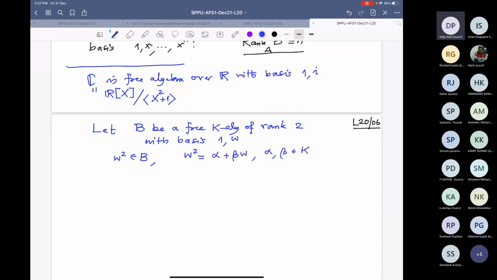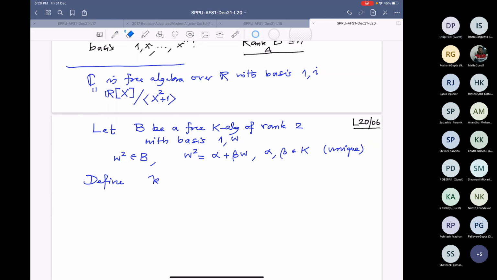Now I will define a homomorphism from B to B. And these alpha, beta are unique also. So define a homomorphism. What can I call it? I want to call it kappa or sigma.